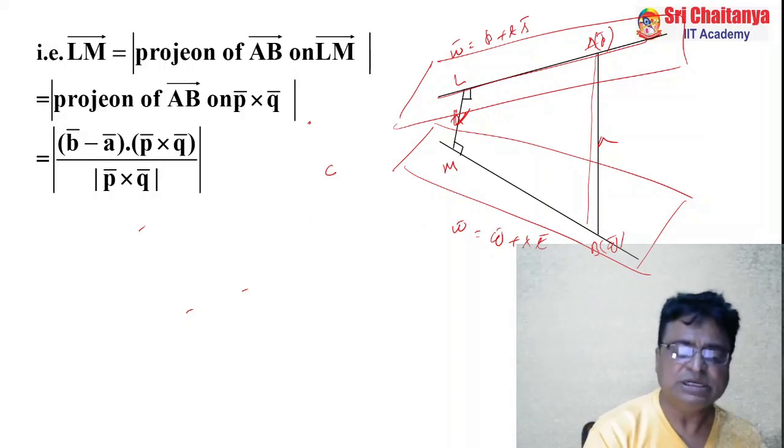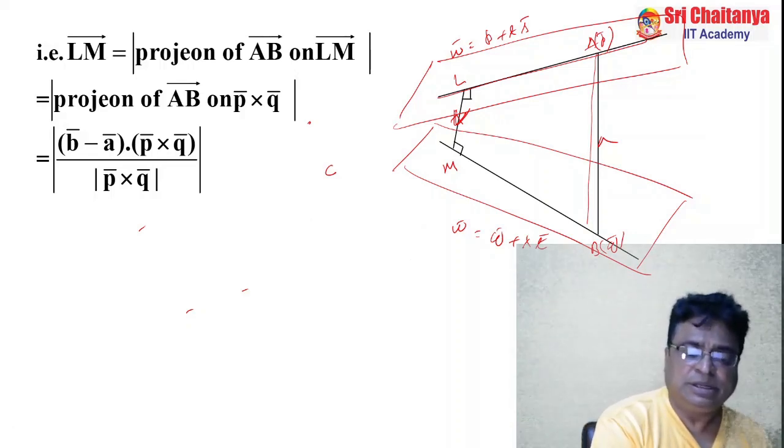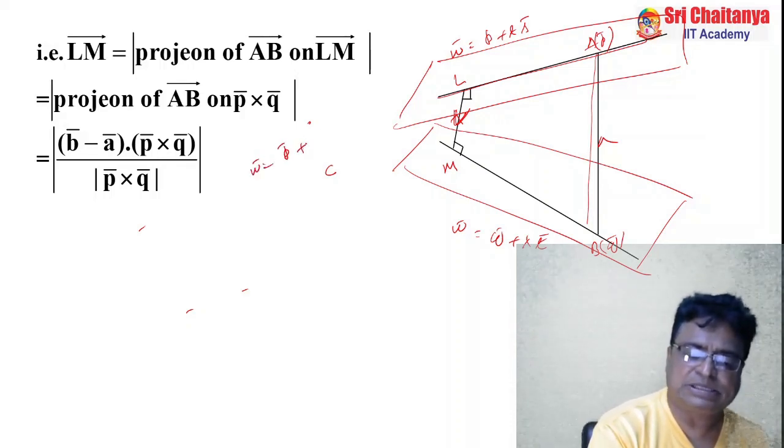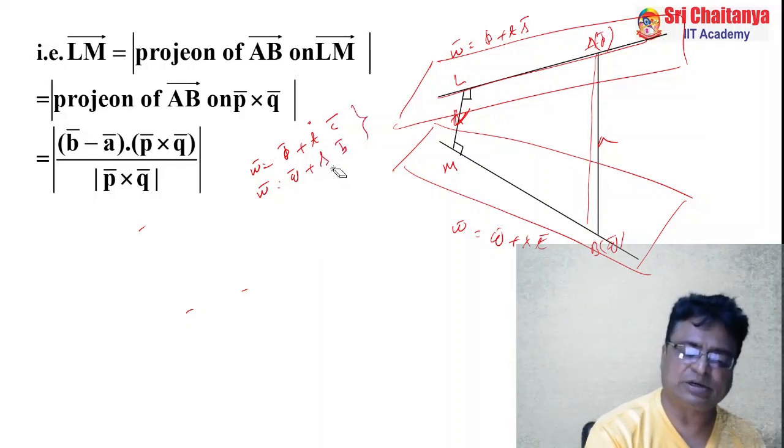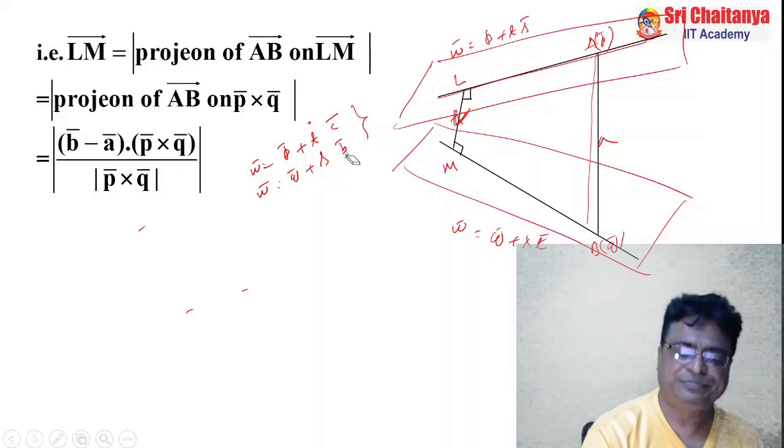But before that, suppose R bar is equal to P bar plus T into C bar, and R bar is equal to Q bar plus some S into B bar. Suppose these two skew lines are given for you.